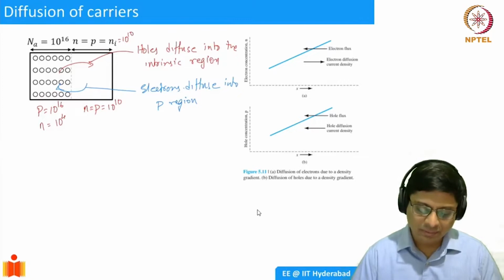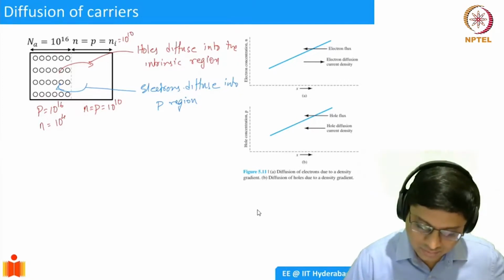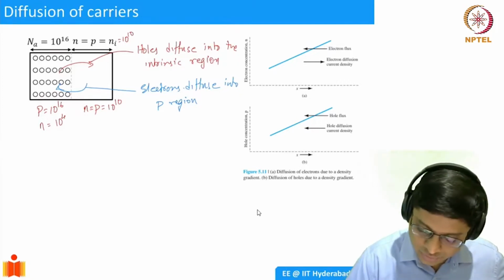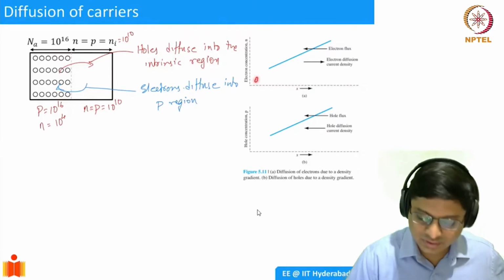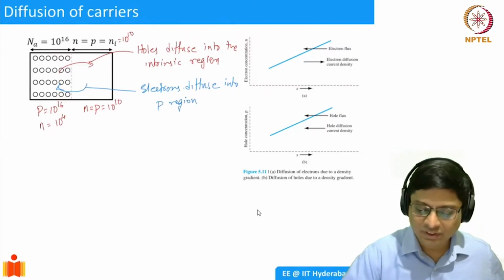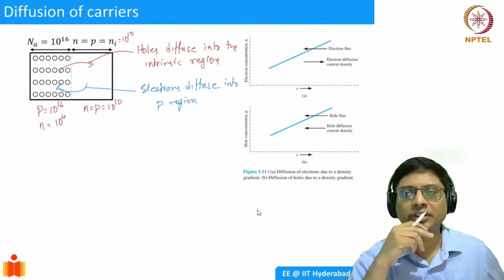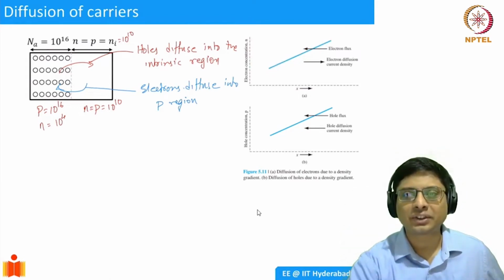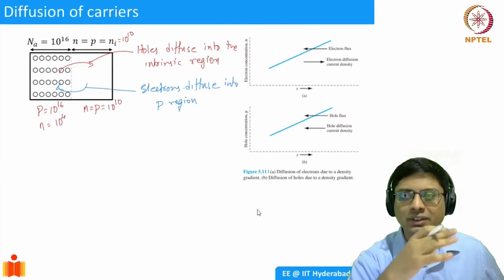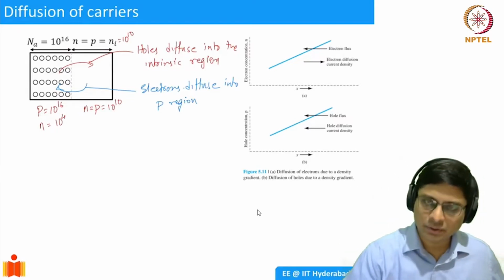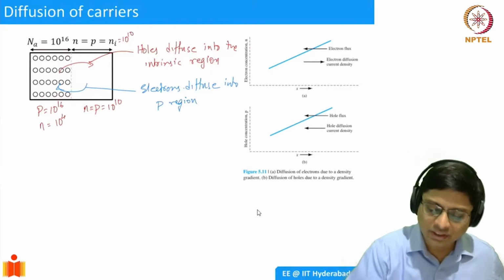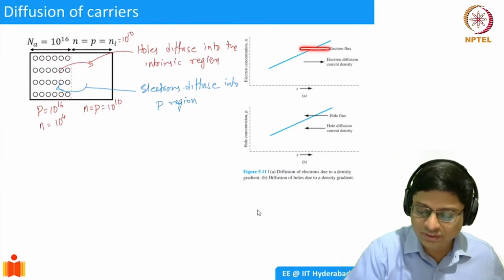You could also understand it from this picture on the right, which shows, as a function of position x, the electron concentration. Let's say the electron concentration is like this. So there's a positive gradient to the electron concentration. You have a higher electron concentration on the right and lower on the left. Because of the concentration gradient, the electrons are going to flow in this direction.